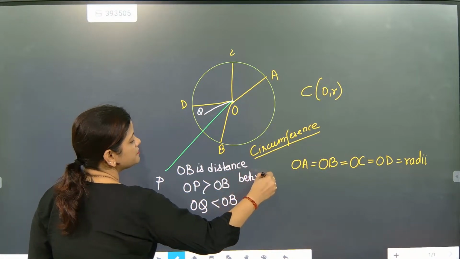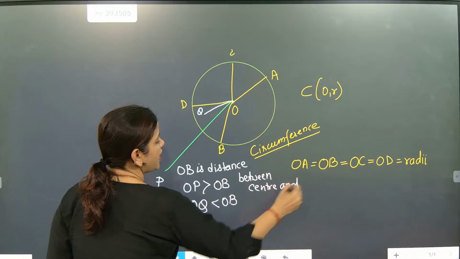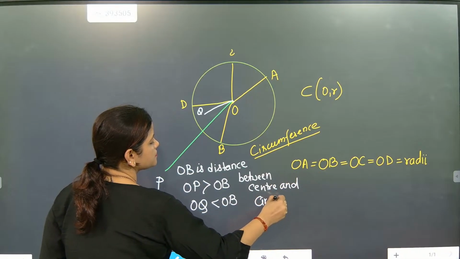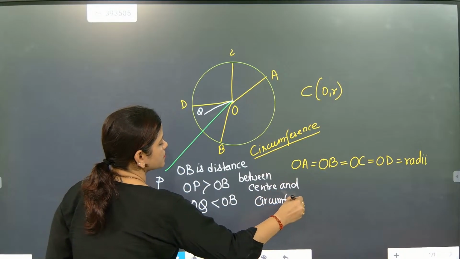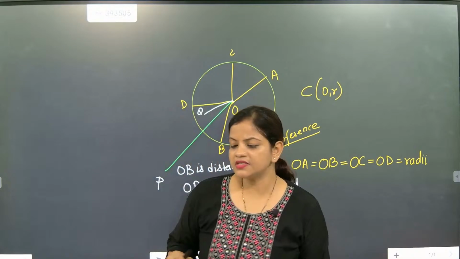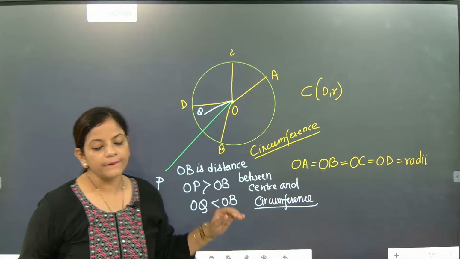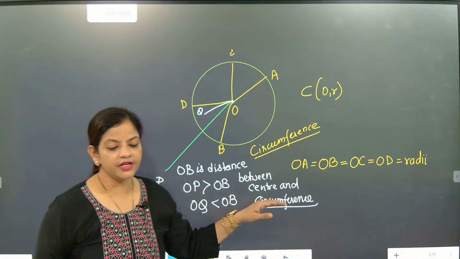between center and circumference. So OB is the distance between center and circumference.